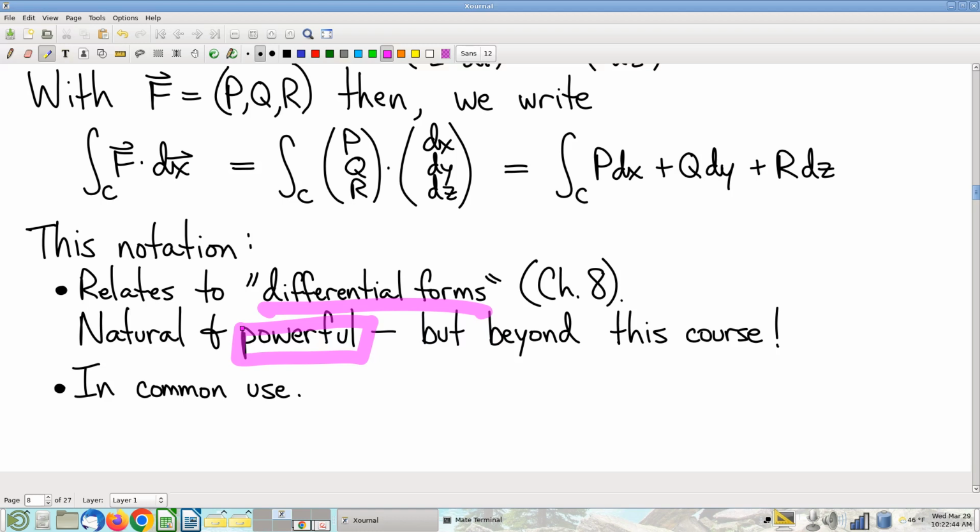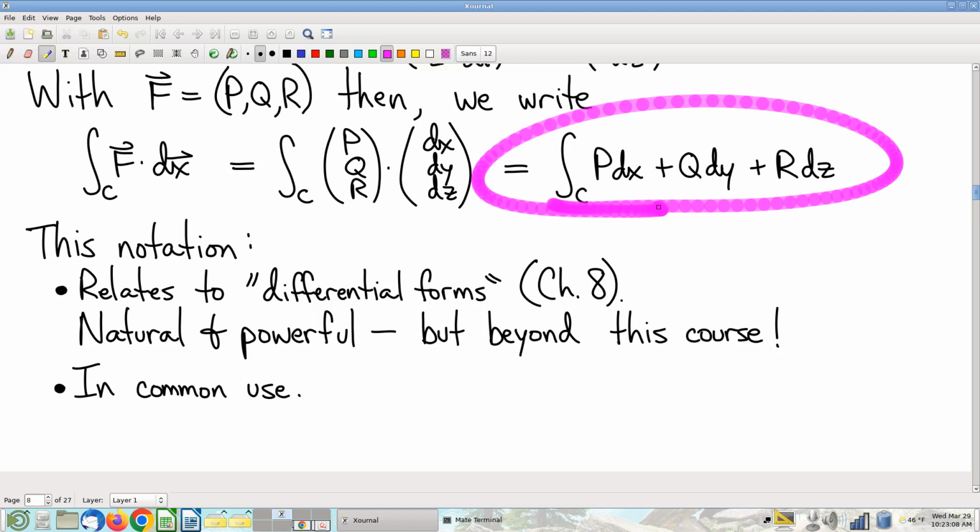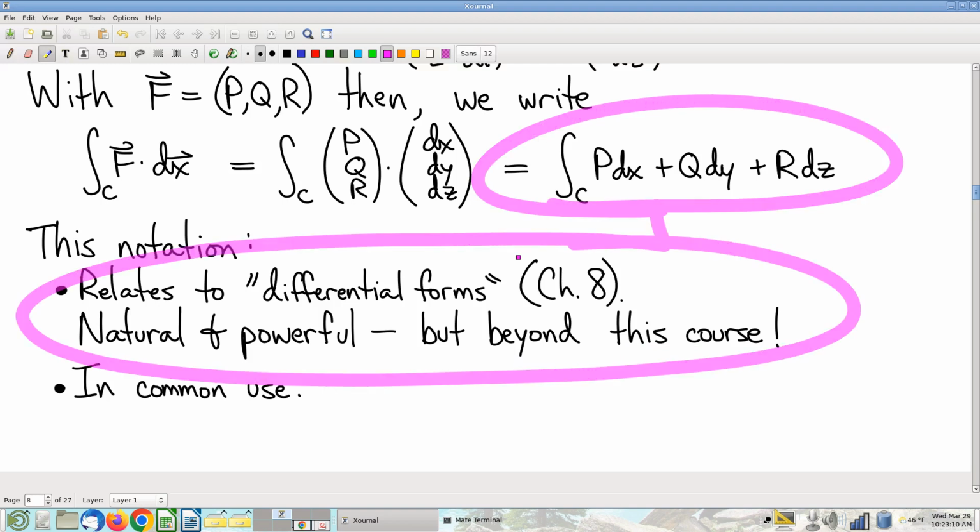Powerful connections between calculus and other fields that you never in a million years think were connected to each other. It all comes out of differential forms. So differential forms are a really big deal. I'm a fan, right? But it's all beyond Math 219, so it's not stuff that you really need to know. But I do want you to know that this notation is related to some very cool stuff.